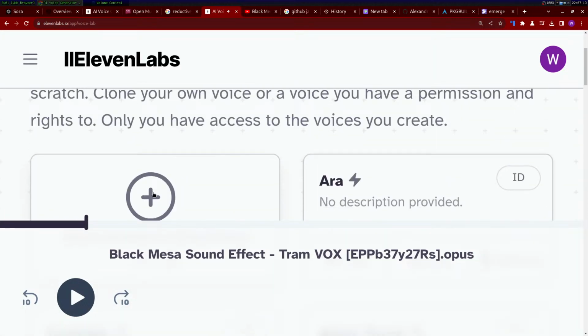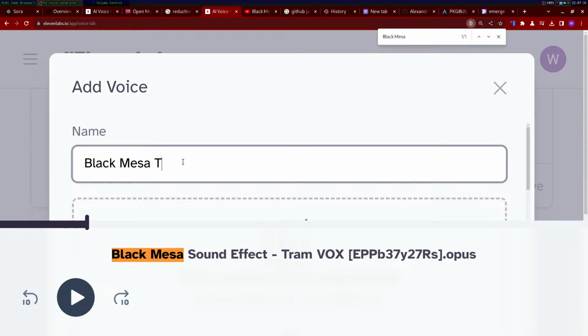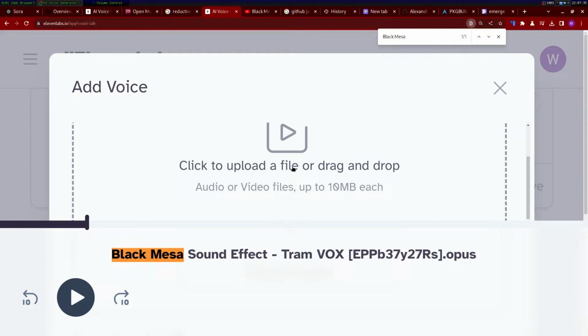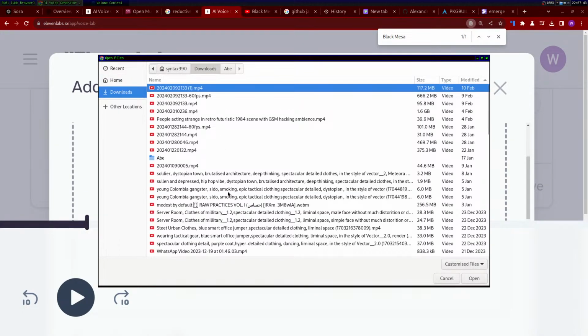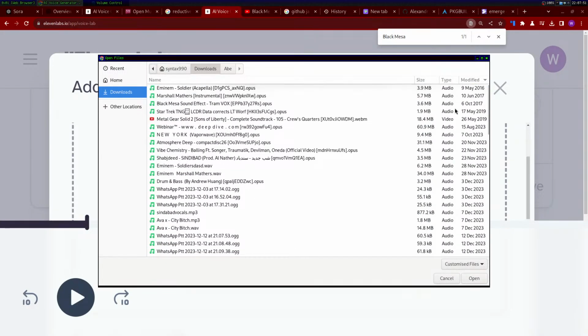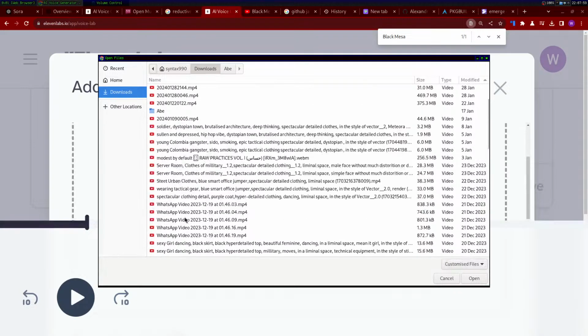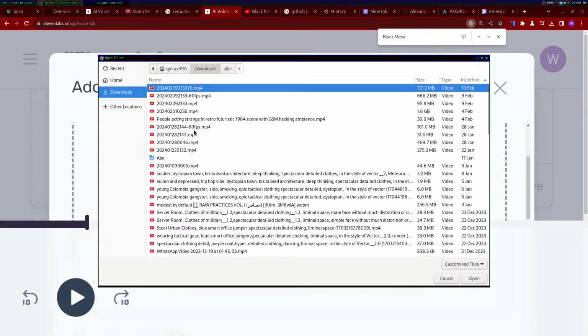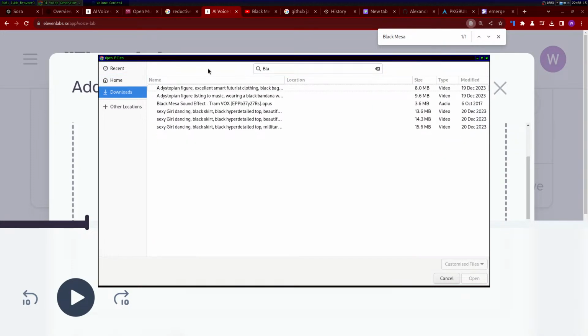Oh no, is it gone? Where's it gone? Black Mesa. It's gone. There we are.